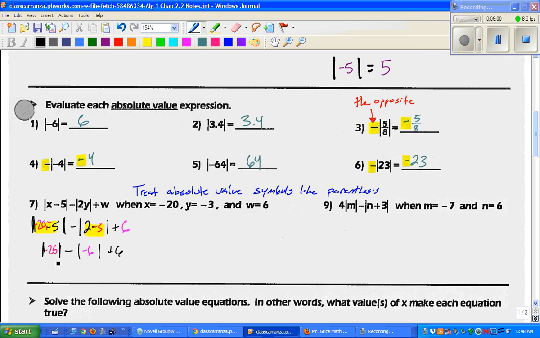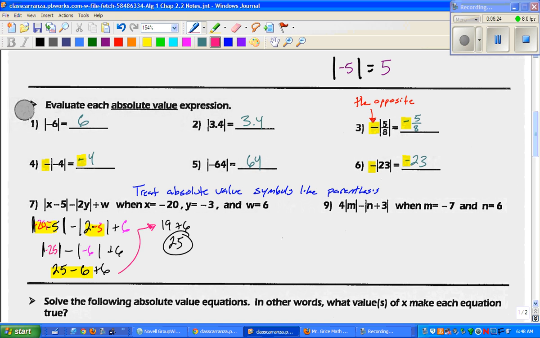The absolute value of negative 25 is 25. Absolute value of negative 6 is 6. Order of operations, we have to do that first, and we get 19 plus 6, and then we get 25.